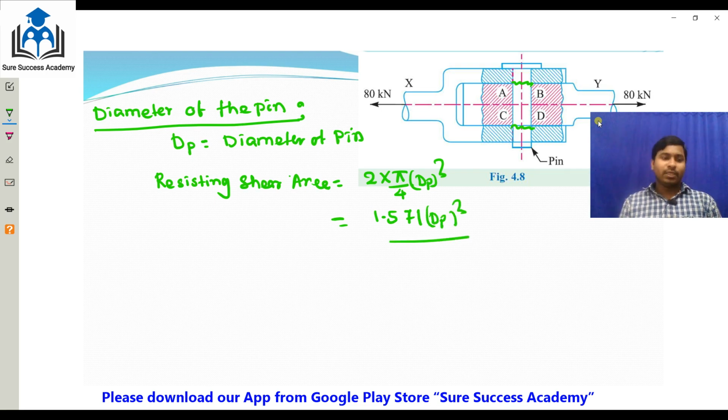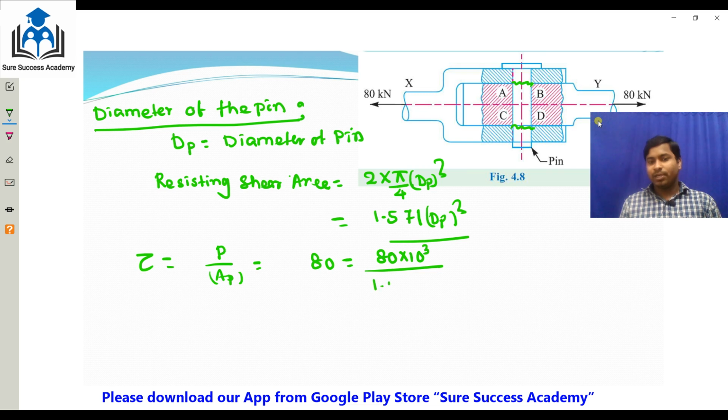So now the shear strength, the pin is in double shear, so 8 is equal to 8 into 10 to the power of 3 divided by 1.571 dp square. You can calculate here, dp will be around 25.2 mm.